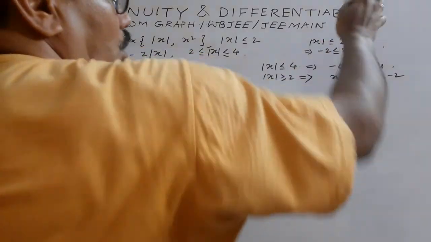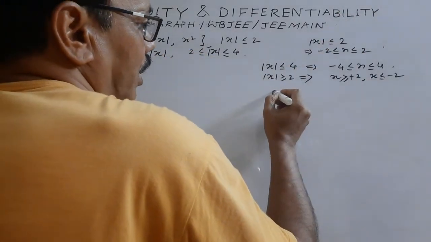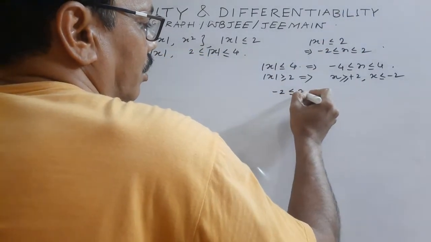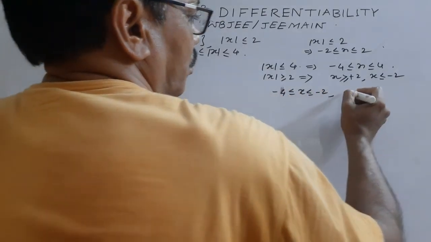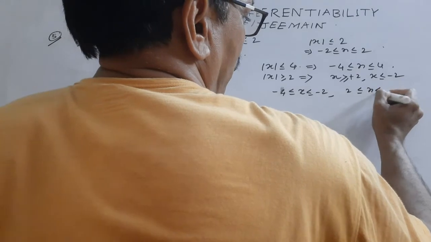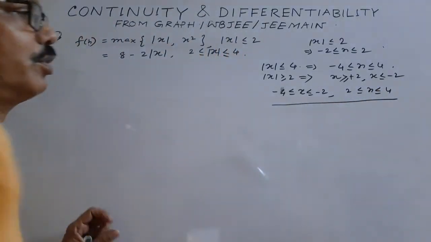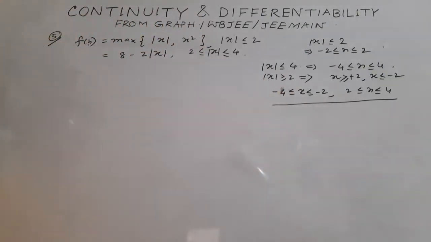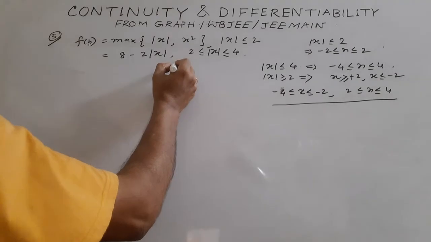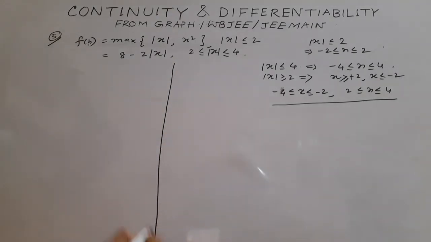So if we take the common part, we get minus 4 less than or equal to x less than or equal to minus 2. Yes, so we should know the idea of inequalities. Now we draw the graph of the function.